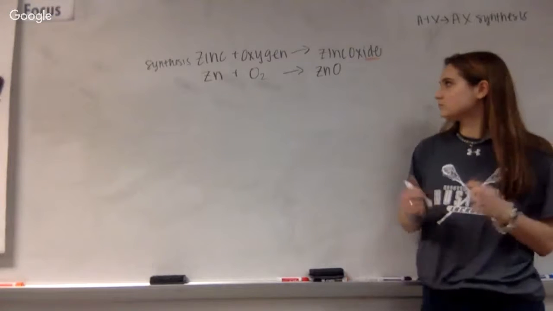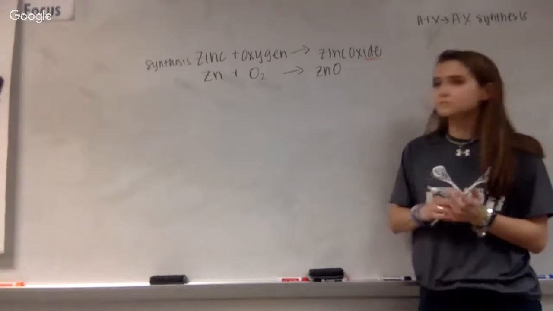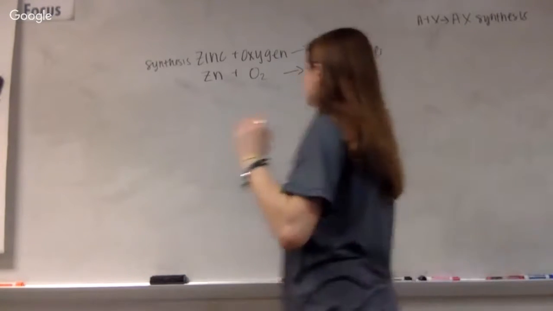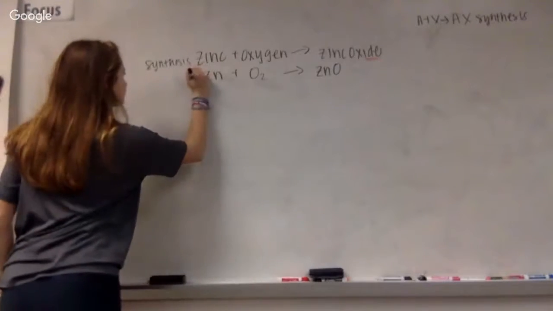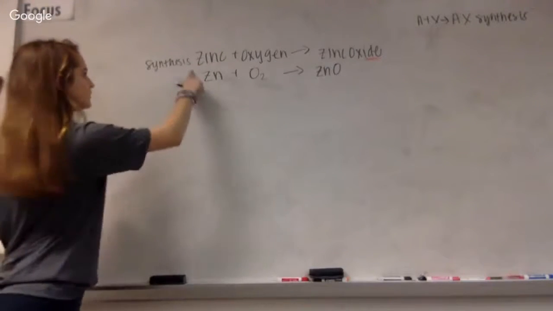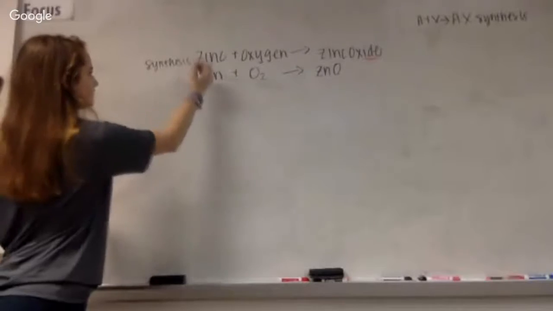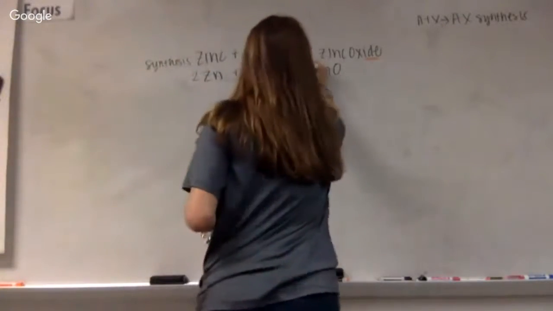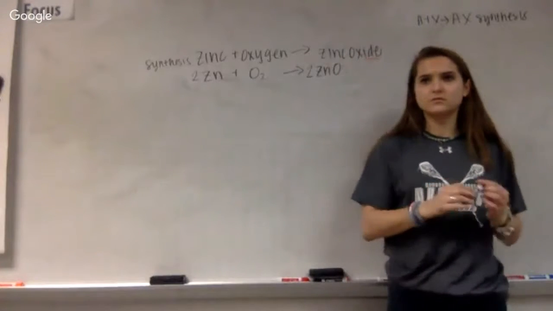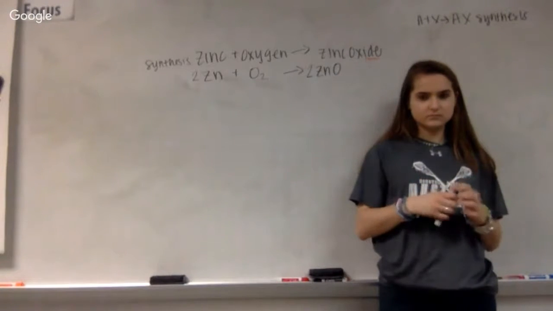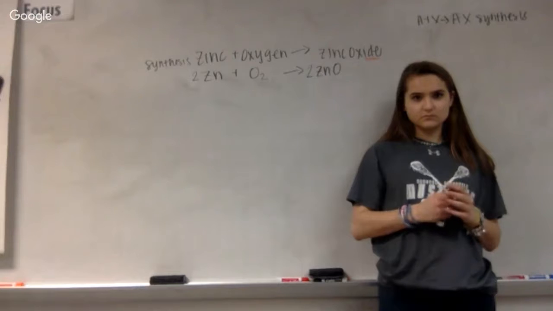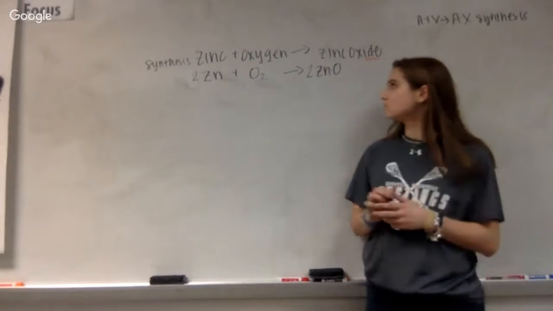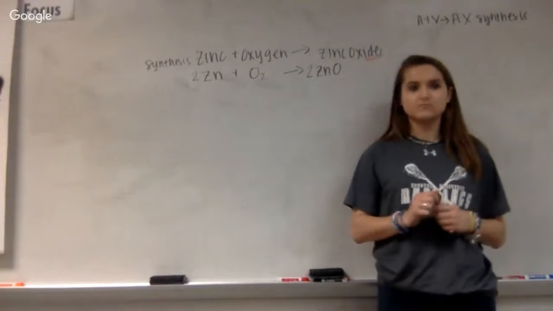So what coefficient are we going to put in front of the ZnO? 2. Yeah, you put a 2 here, and then also 2. Right? Good. So if you put the 2 in front of the ZnO on the right, that means you have 2 zincs and you also have the 2 O's, and this is a balanced equation. That gives you your 4th point. Any questions on this?